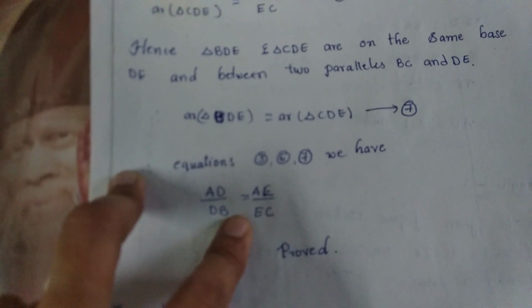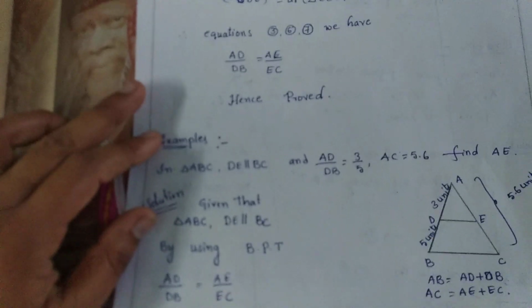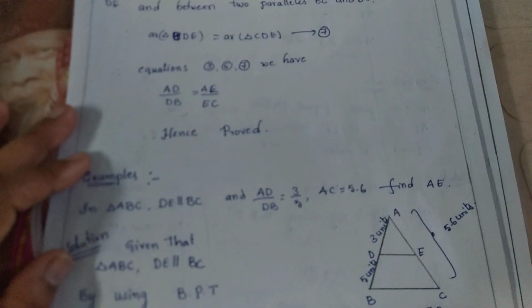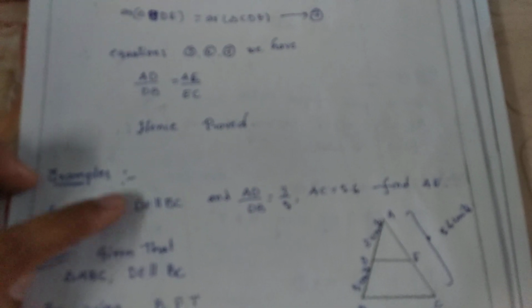Next, I will explain some examples. Listen carefully. In triangle ABC, DE is parallel to BC and AD by DB equals 3 by 5, AC equals 5.6.